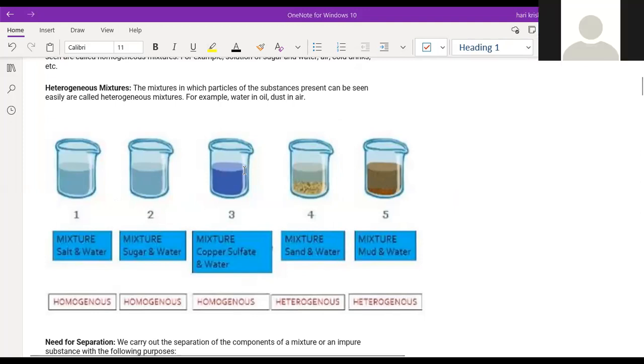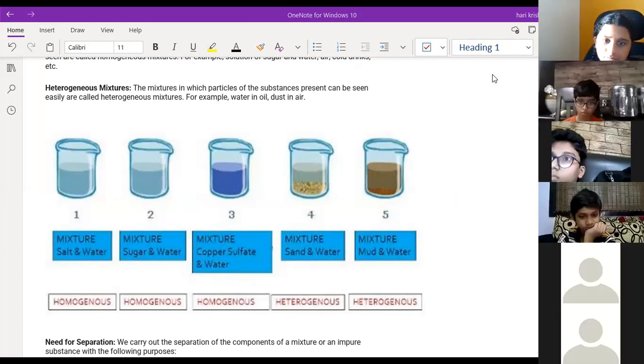Now, if you see the first three solutions: mixing of salt and water, mixing of sugar and water, mixing of copper sulfate and water. In the mixing of salt and water, the salt will be mixed thoroughly with the complete water, right?